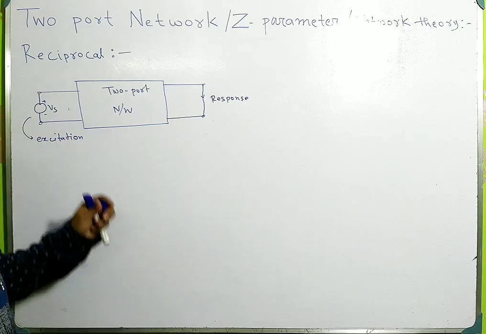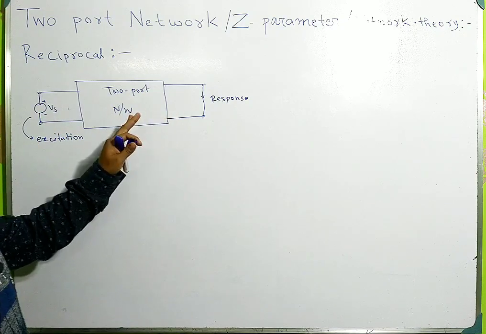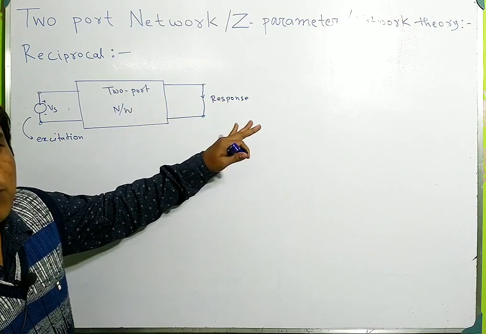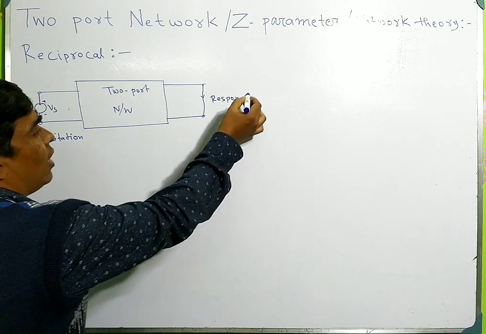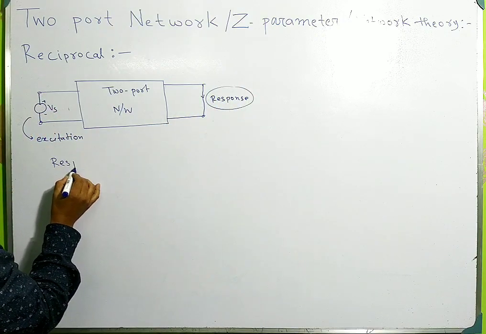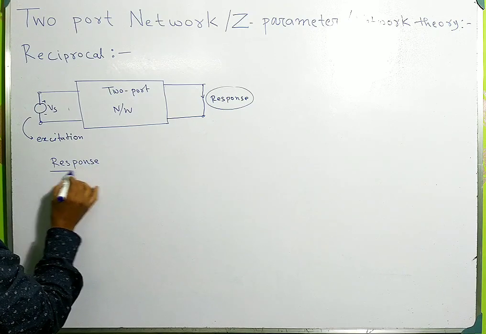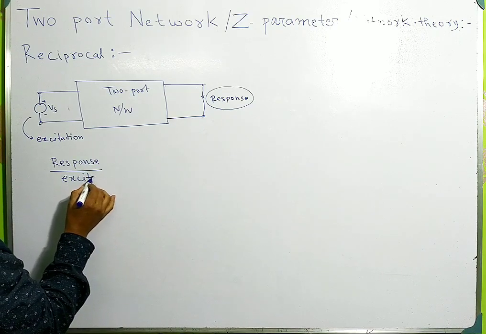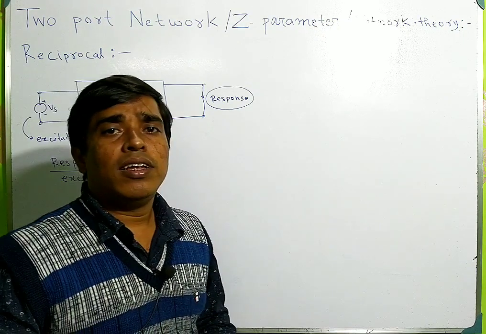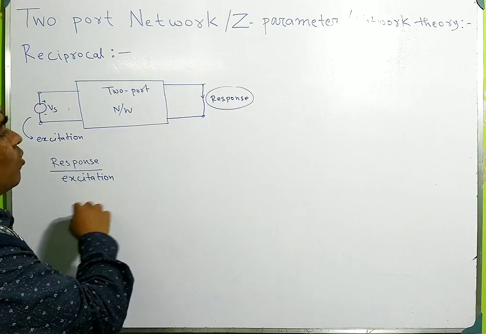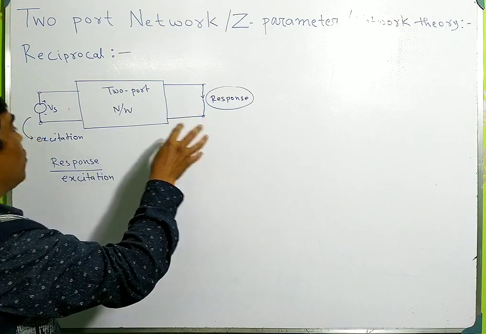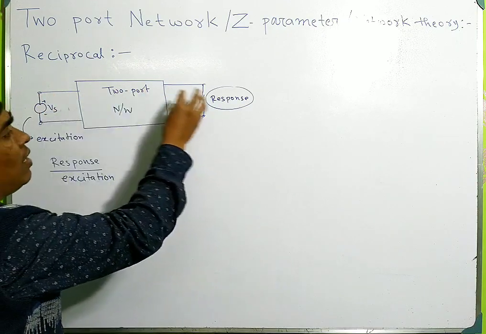Now the network is said to be reciprocal if the ratio of response to excitation is the same for interchanging the position of excitation and response.